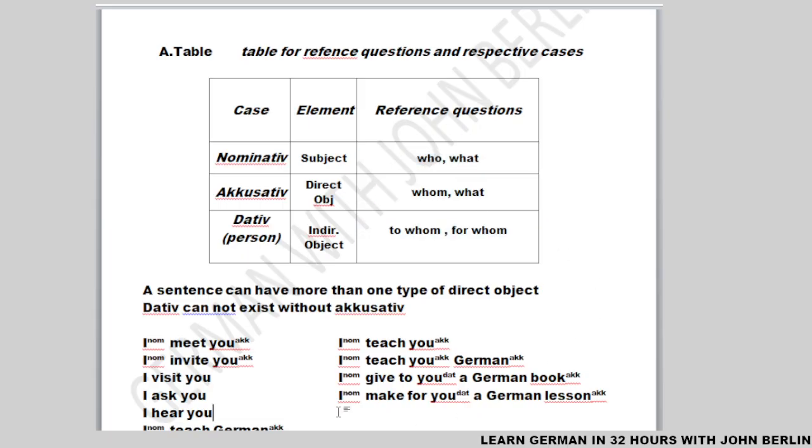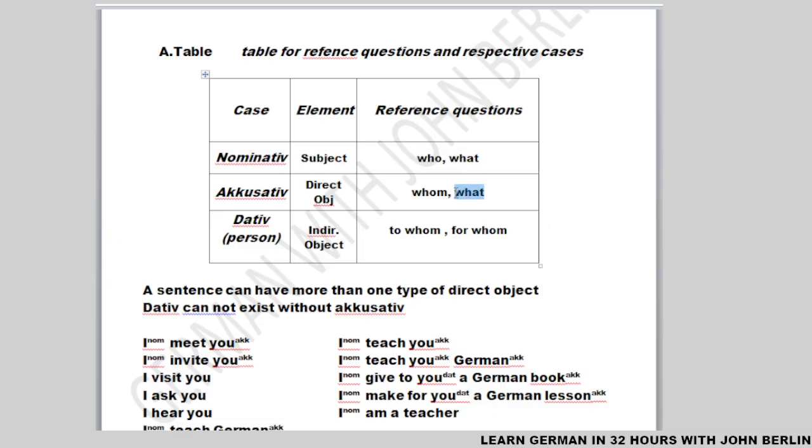Now, let me give you another sentence, to make you think. I am a teacher. Now, in this sentence, it looks simple. Who is a teacher? The answer is I. So, I is nominative. And then, what am I? A teacher. So, teacher should be accusative, but please note, I am wrong here.